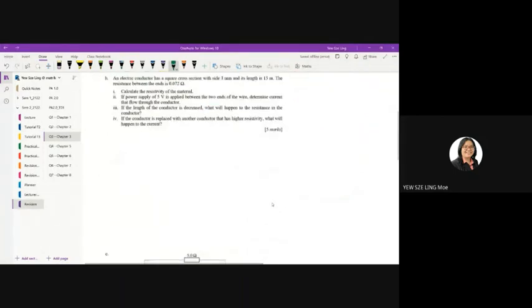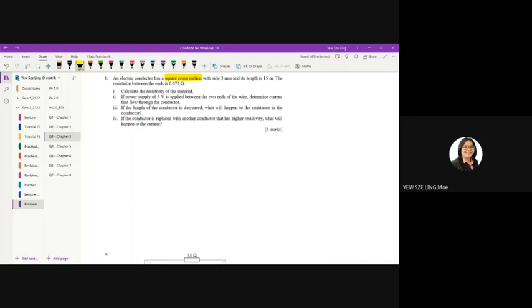So now questions B. An electric conductor has a square cross-sectional area. But when I go through your answer, quite a lot of you give me the area of a circle. Questions tells you it's a square.